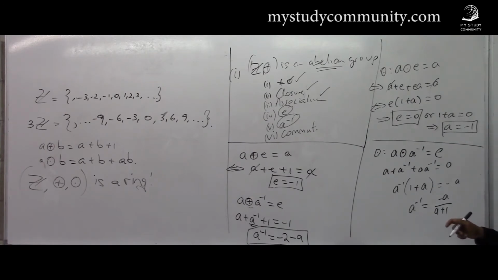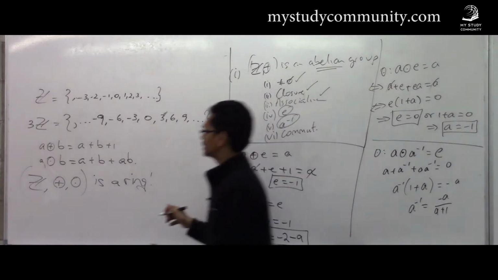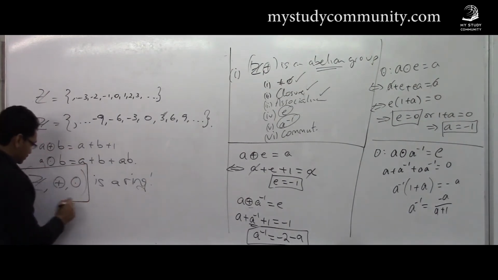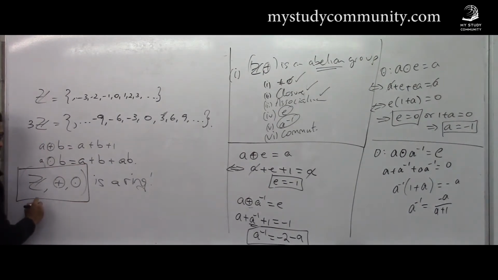So we're just going a little deeper. For this ring, remember we are in a ring. What is the 0 of the ring? The 0 of the ring is the identity of addition.